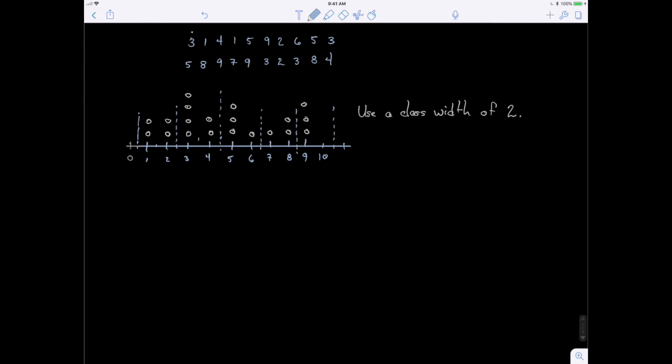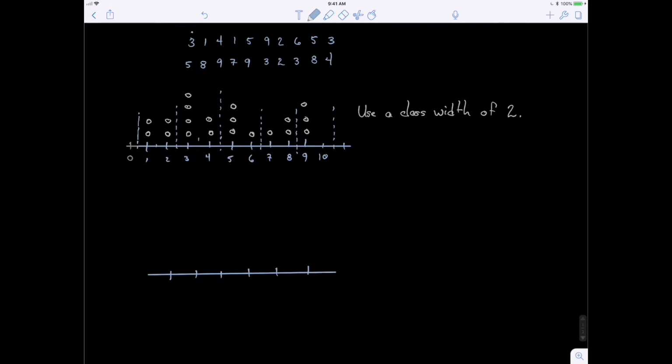So here we go. I'm going to start out the same way. Notice that now that my lowest value is 1, I don't have to go all the way to 10. Instead, let's just think halves. So my first one is going to be 0.5. Here's 2.5, 4.5, 6.5, 8.5, 10.5, because the histogram has the effect now of condensing down our data.